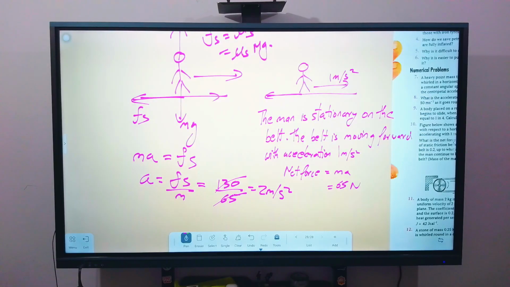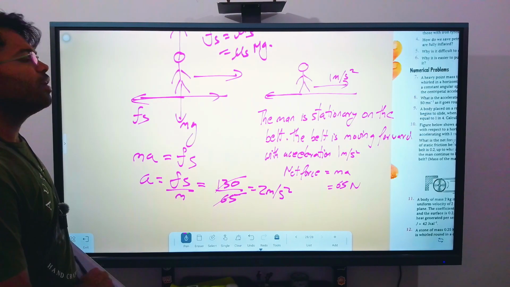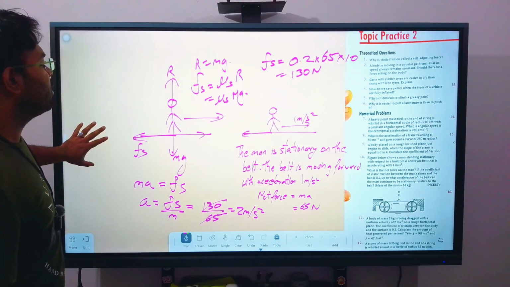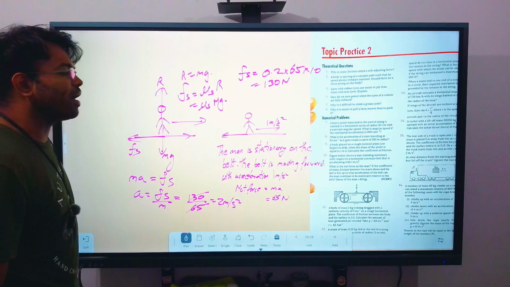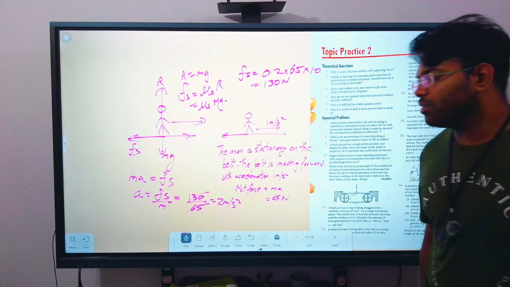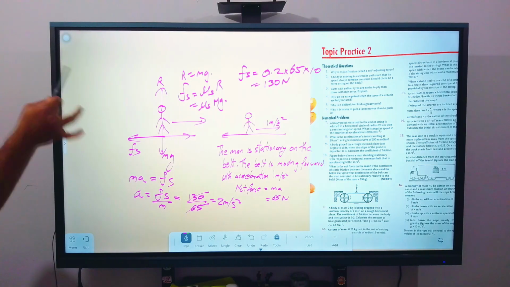Should this be the answer? Oh, yeah, okay, fine. That's fine. So if the belt is moving with a maximum acceleration of 2 meters per second squared, the man will remain stationary. Clear? Any doubts?